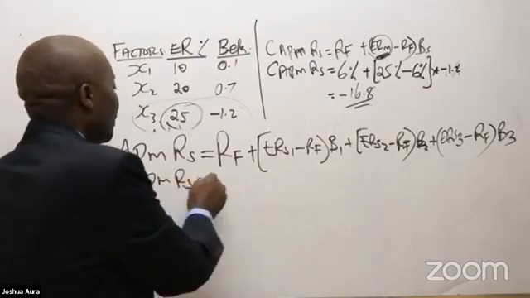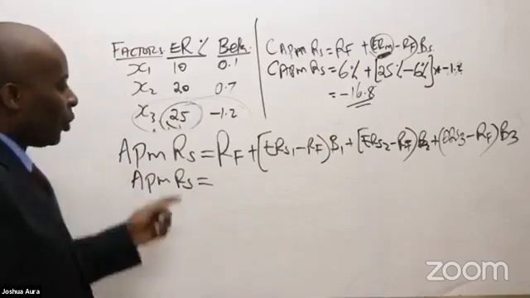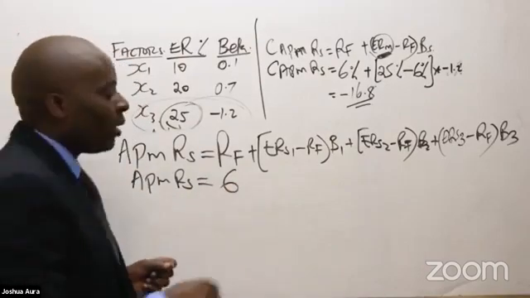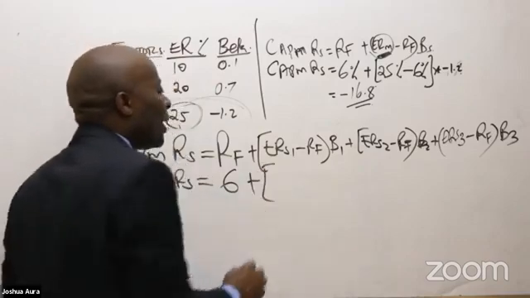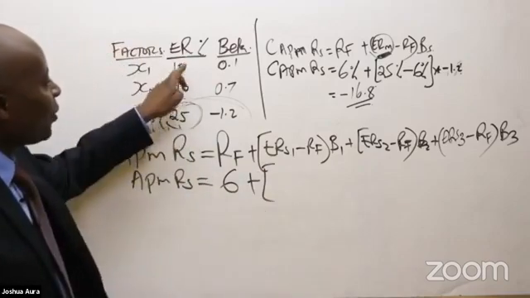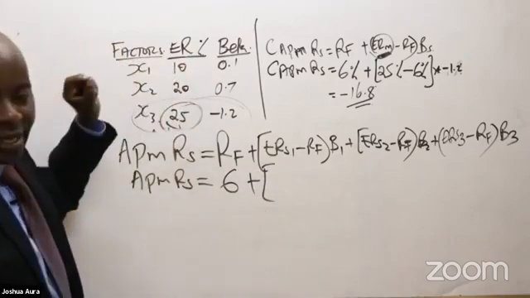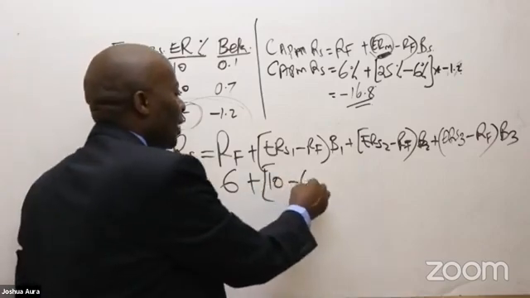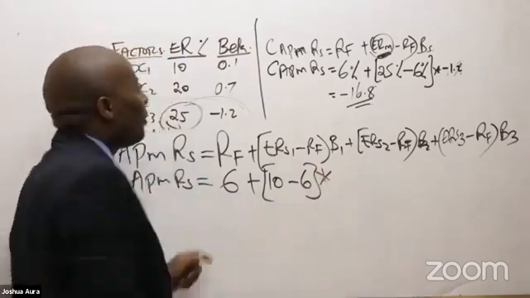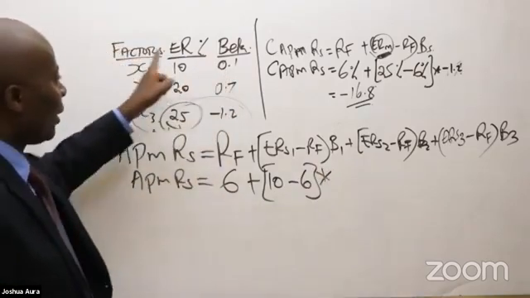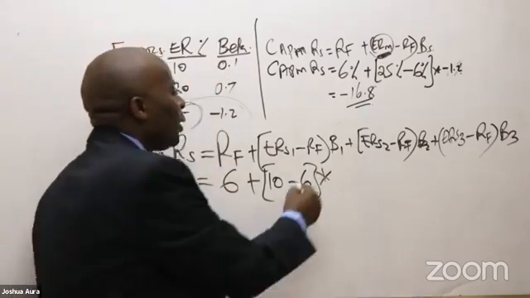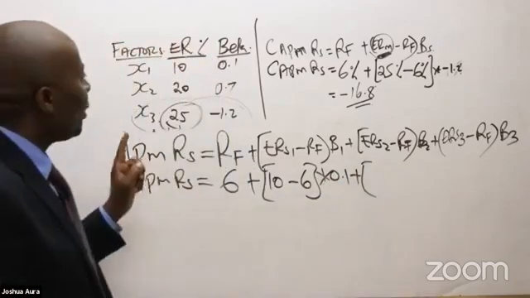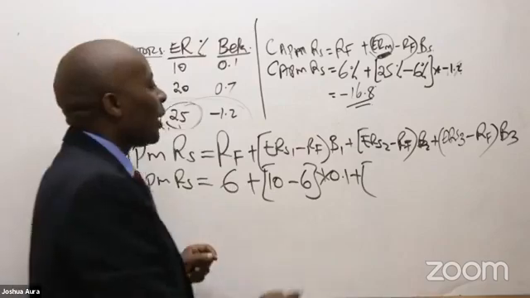So ladies and gentlemen, what you need to do is to give us the APM returns, which will be equal to the risk-free rate of return, which was 6, plus the factor 1 returns, which I can see are 10. So we have here 10 minus risk-free, which is 6, multiplied by the beta over the first factor, which is 0.1, plus expected returns of 2, which are 20.